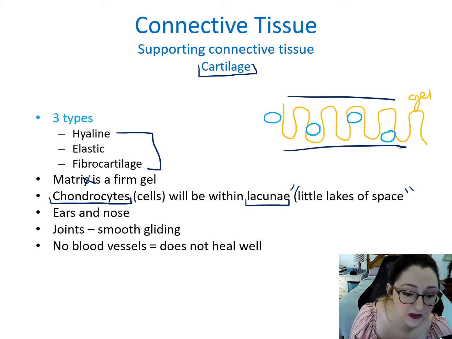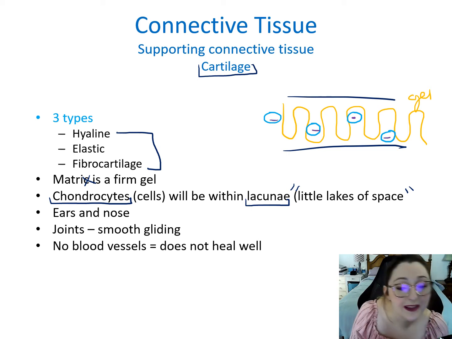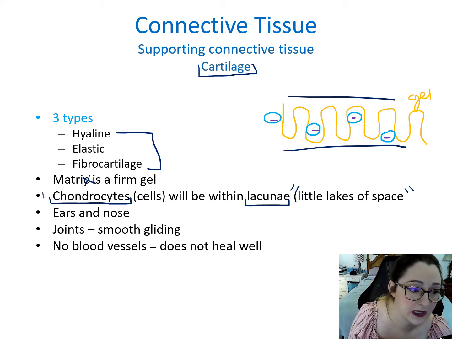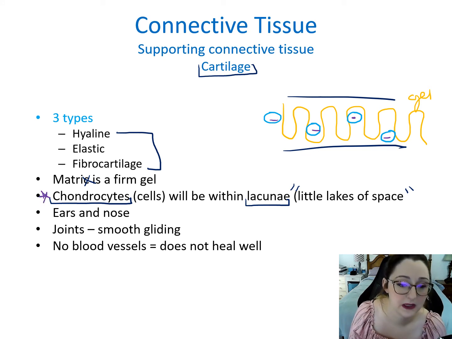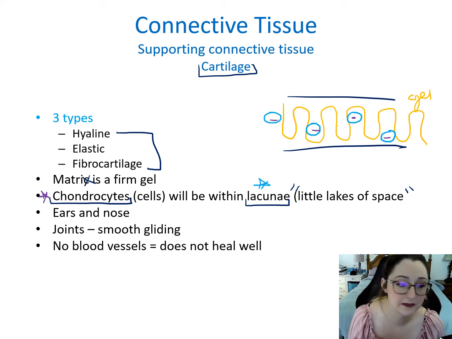Within those little lakes of space, you're going to have your chondrocytes. So within the lacunae, you're going to have your chondrocytes. Your chondrocytes are what's in purple. Then you have your little lakes of space, lacunae.